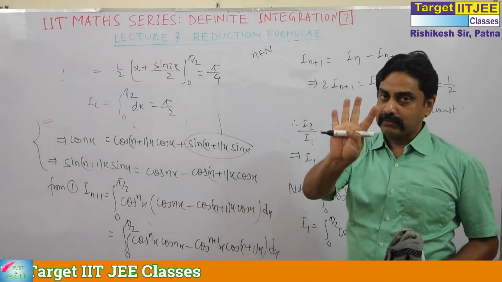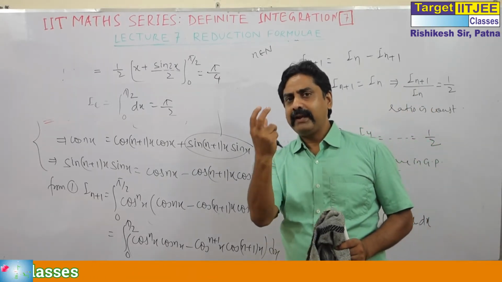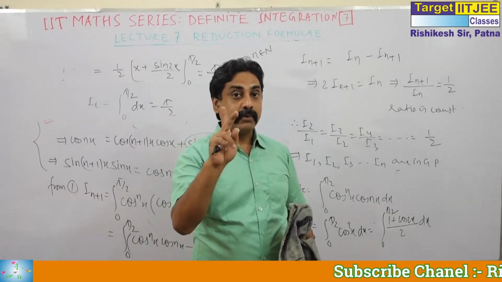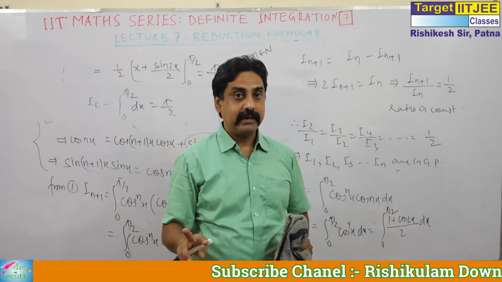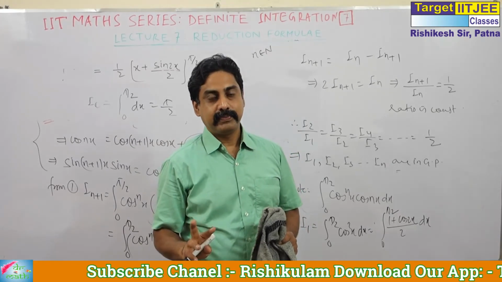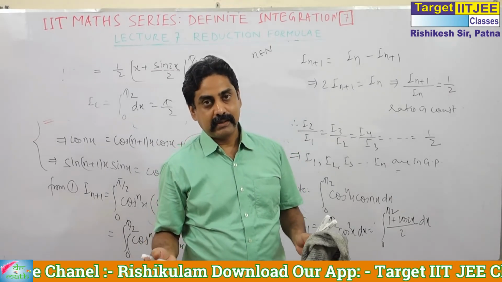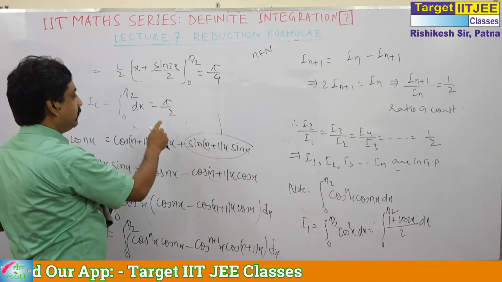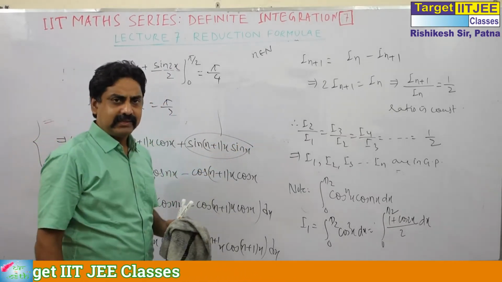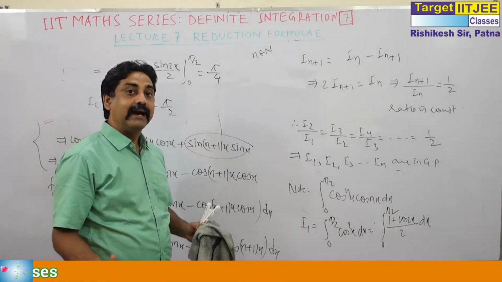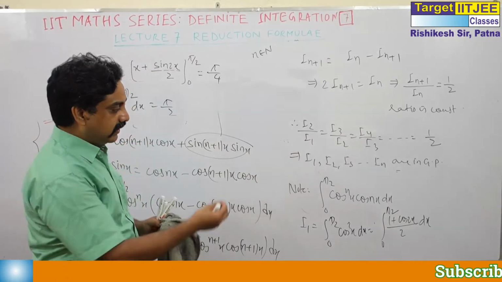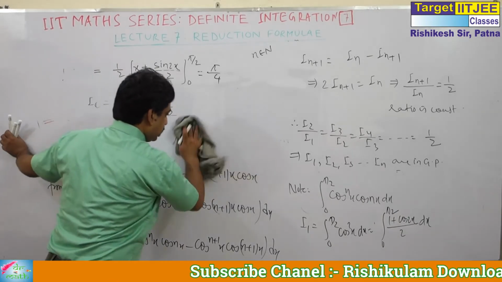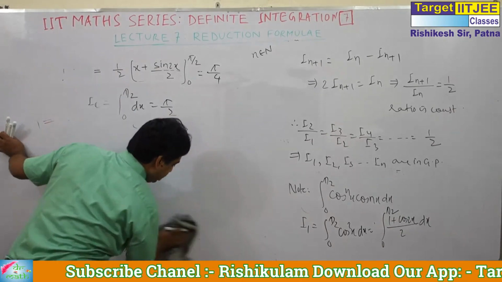If I0 follows this pattern, then we can take n equal to 0. I said earlier n is a positive integer, but sometimes we take n equal to 0. When I am also not sure, for a new question I find I0, I find I1 and see the relation. If I0 exists, then we can take I0. If any confusion, take I1. Okay. So we will move to the next question.